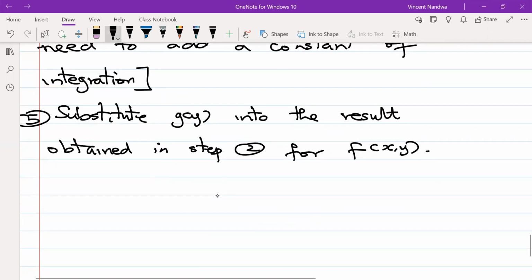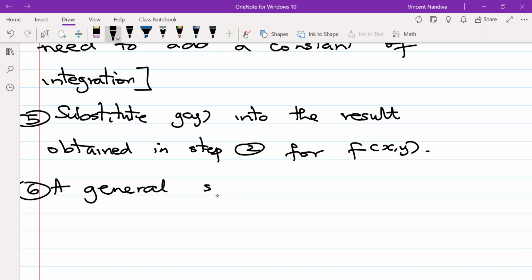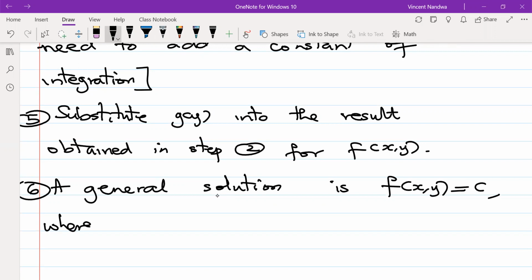Then the final result, a general solution, is written as f of x comma y equals c, where c is a constant. So if you are given extra information in the problem, you can as well find the value of that c.